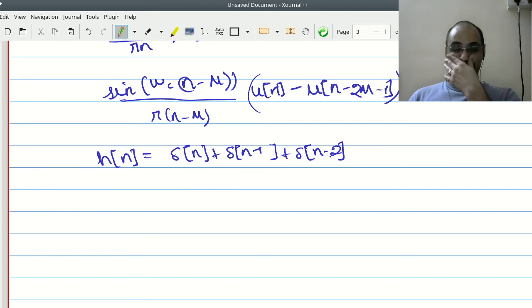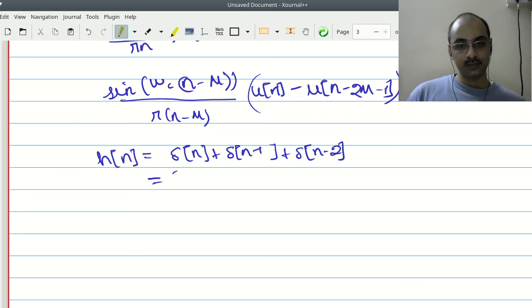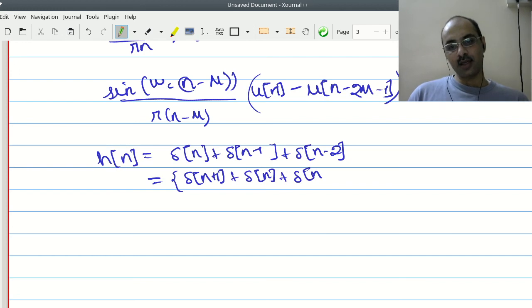This is another interesting sequence. If you notice, this is actually 1 1 1 for 0 1 2. If you shift it to the left by 1, then you get delta[n plus 1] plus delta[n] plus delta[n minus 1], and you convolve it with delta[n minus 1].